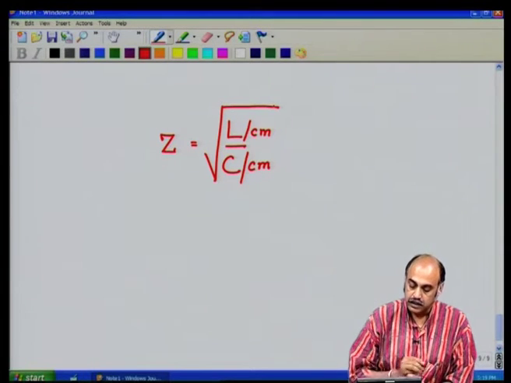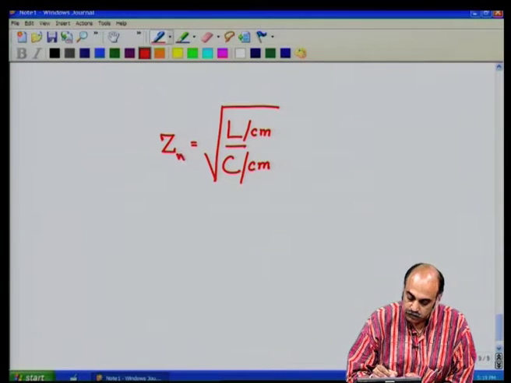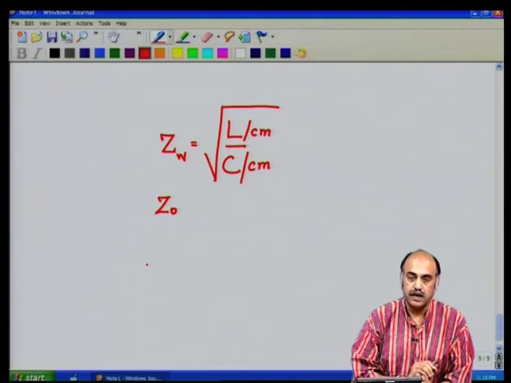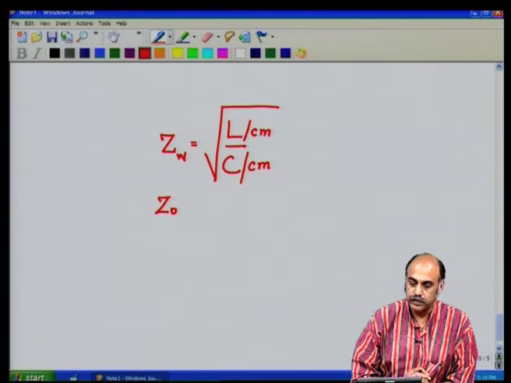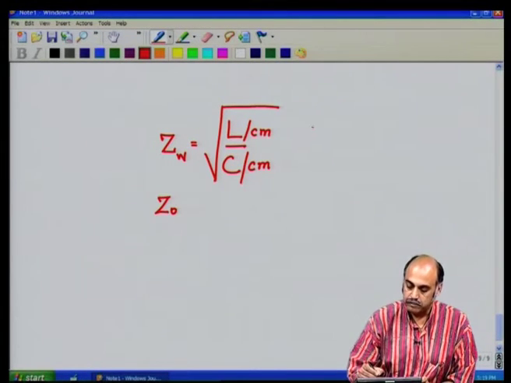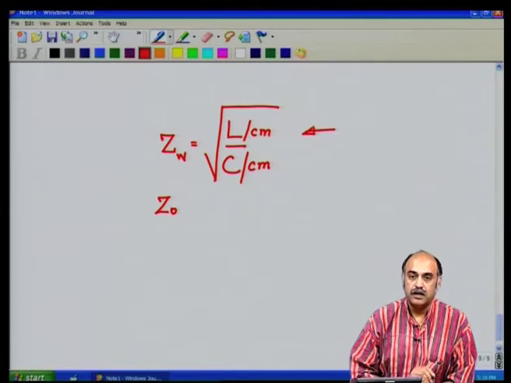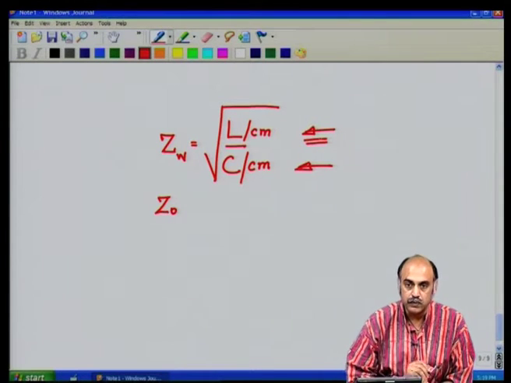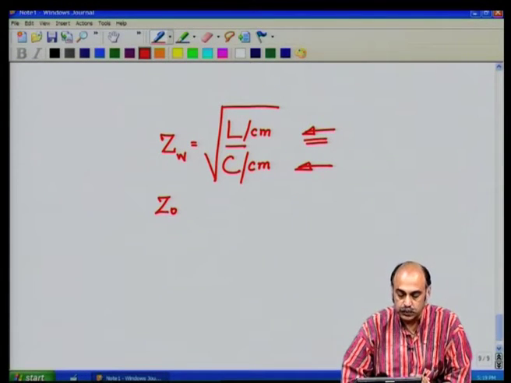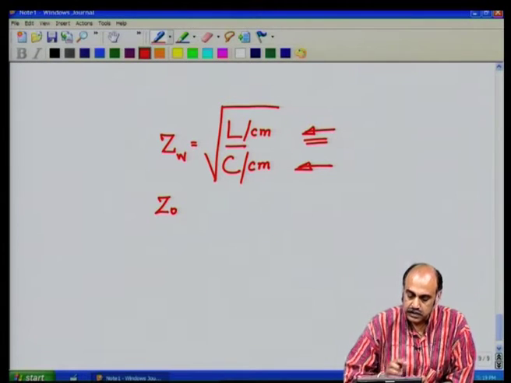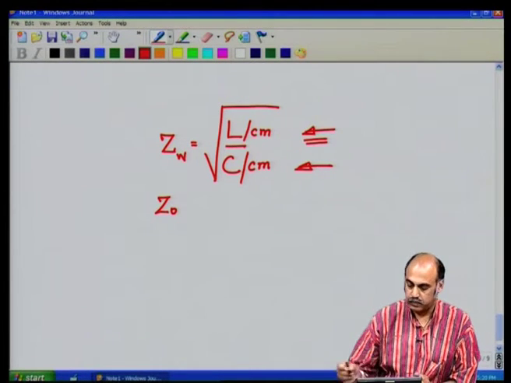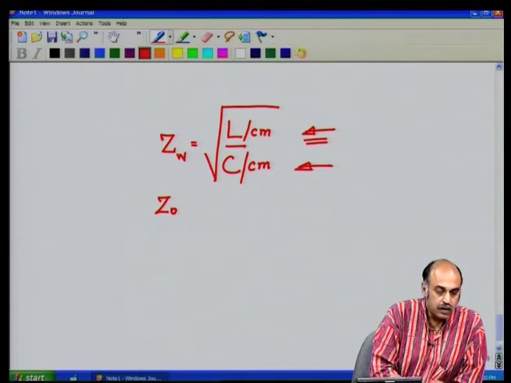This would approximately give you the wave impedance ZW or Z0 of that particular transmission line, and it is a characteristic of that transmission line because it is made up of the coupling capacity here and the per unit inductance value, which are basically characteristics of those two lines. So, this is the characteristic impedance of the transmission line, generally given in this form if the resistive part is negligible.